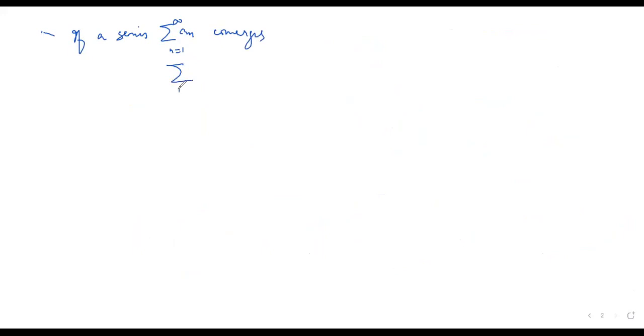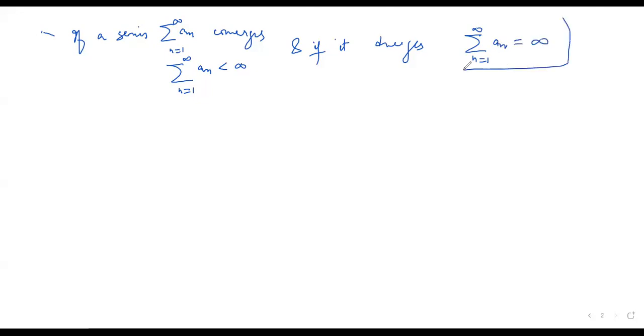We write summation a_n, n runs from 1 to infinity, is less than infinity, and if it diverges, we write summation a_n, n runs from 1 to infinity, is equal to infinity. इसका मतलब है diverge करती है, इसका मतलब converge करती है.